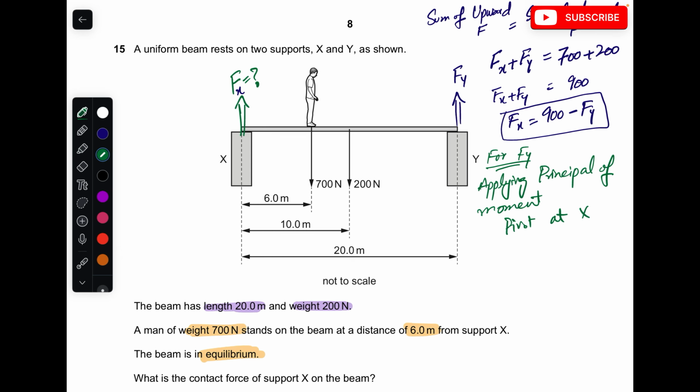If the pivot is at X, this force will apply an anti-clockwise moment, this force will apply a clockwise moment, and this will also apply a clockwise moment. Okay, so anti-clockwise moment, let's write it down. This will be Fy equals to, you have to take the distance from the force till the pivot point. This is the total length of the beam, and that is 20.